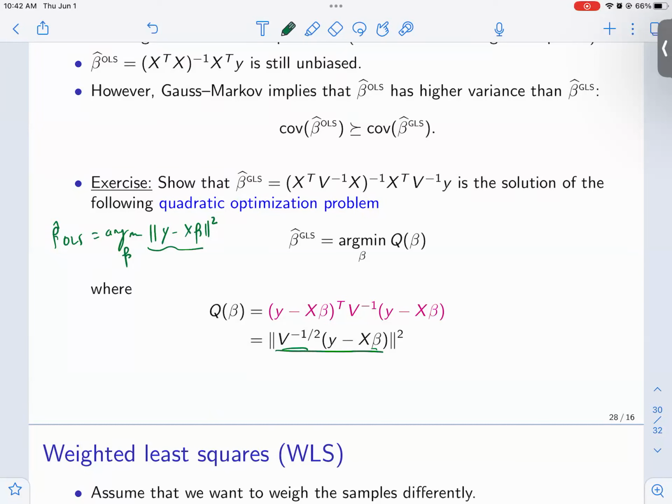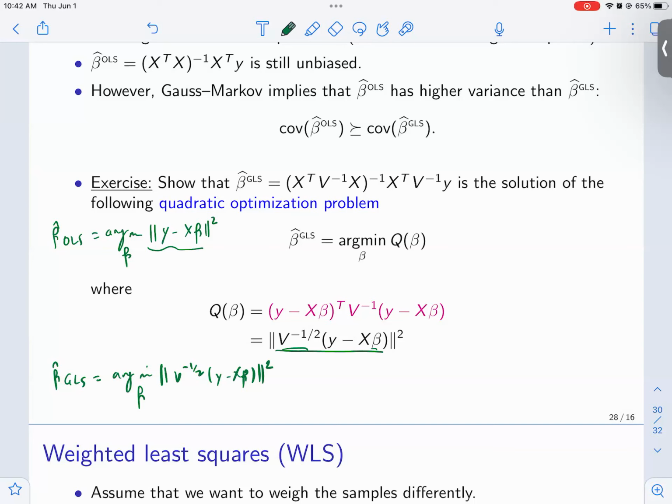So beta hat GLS solves this optimization problem: argmin over beta of the norm of V inverse (y minus X beta) squared. Or if you expand it, it would be a quadratic form, (y minus X beta) transpose V inverse (y minus X beta).